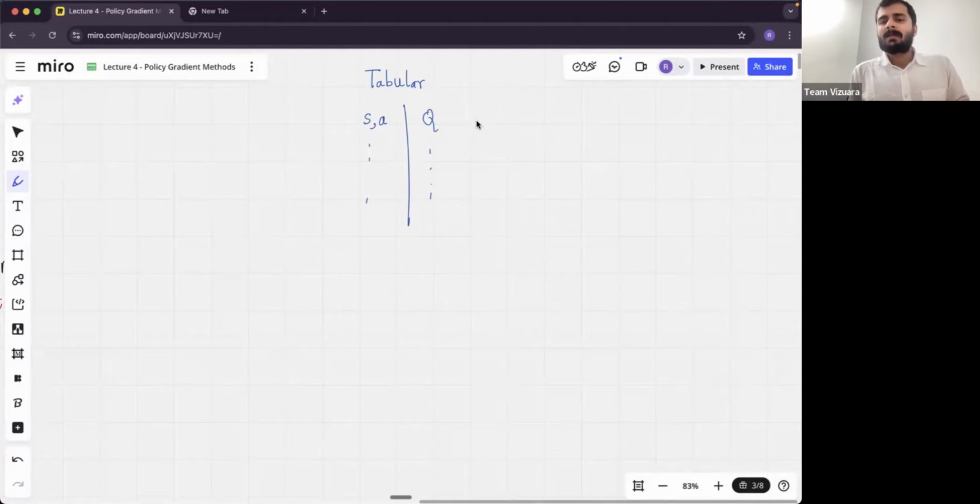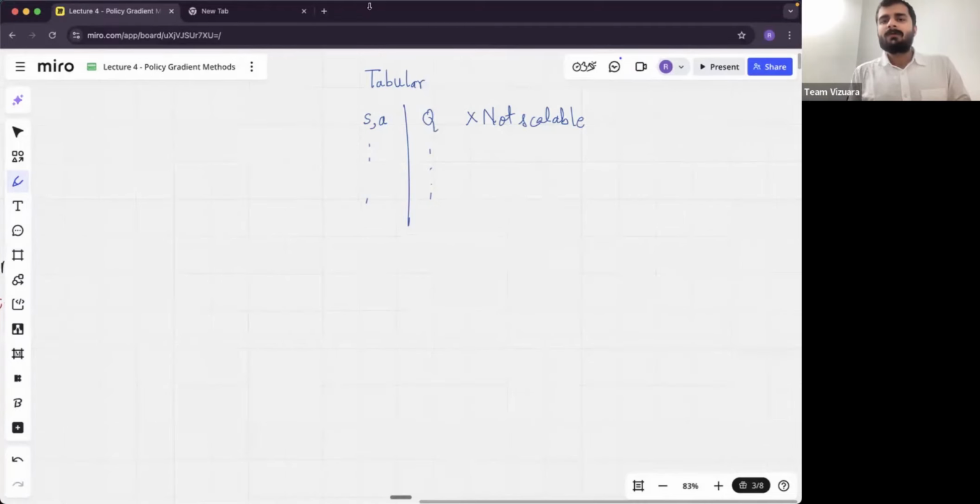But the problem is that this method is not scalable. And why is it not scalable? It's because as your states and actions increase, the number of entries in your table also increases. So it is not possible for us to use tabular methods when looking at complex problems like the Atari game simulation, which we looked at in the last lecture.